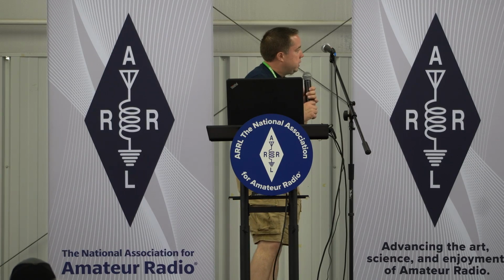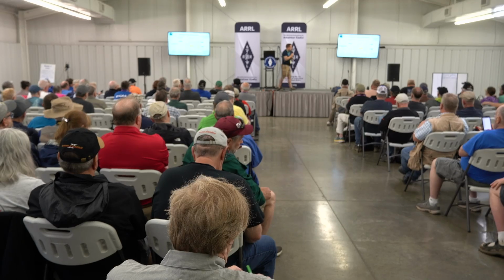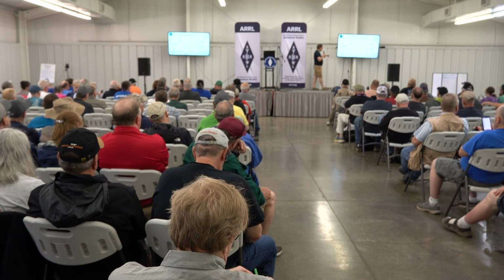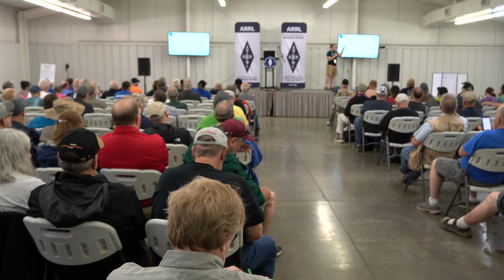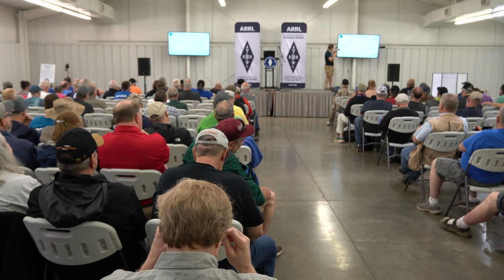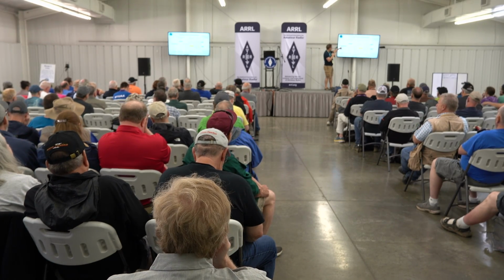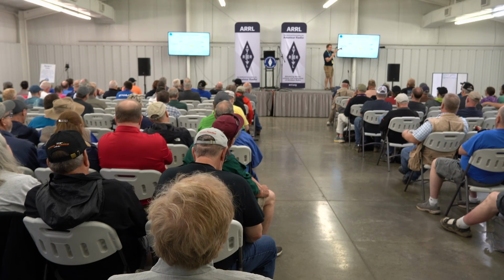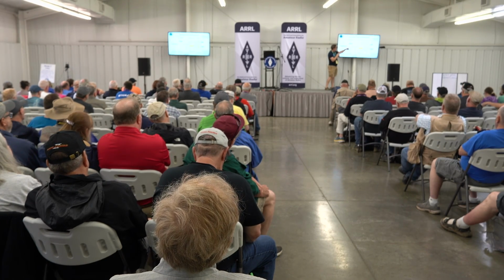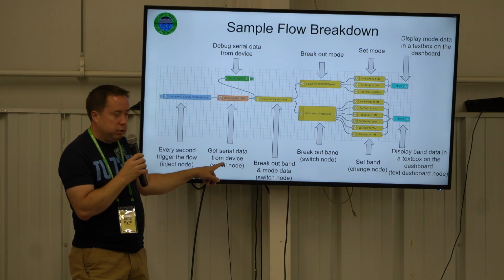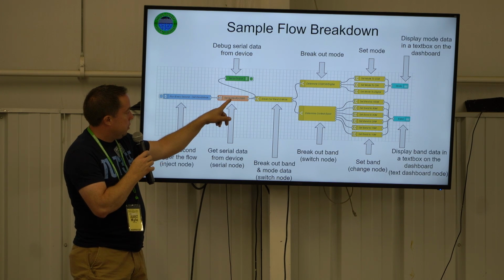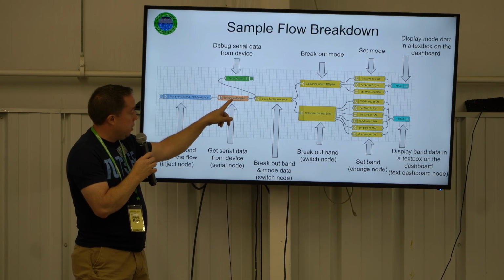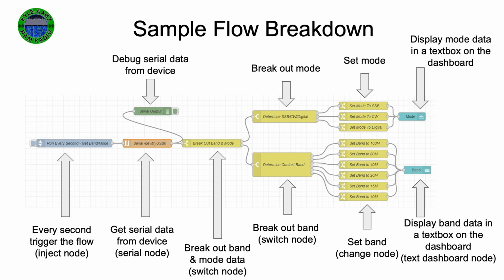So let's break some of this down. I know this is probably hard to see. What you'll see is a common flow, right? So this starts a flow. We're going to get some information from a serial device. This is a serial input node, or a serial reading node, and it's connected to USB 0.